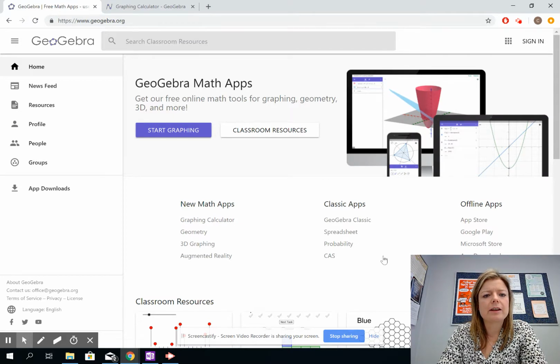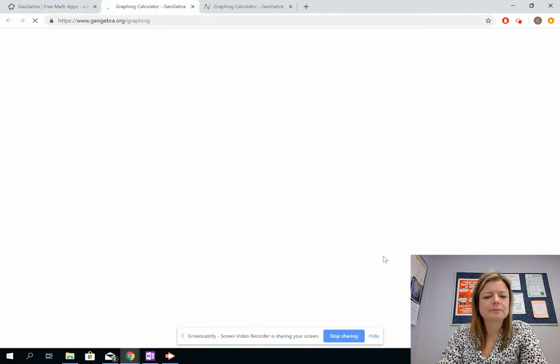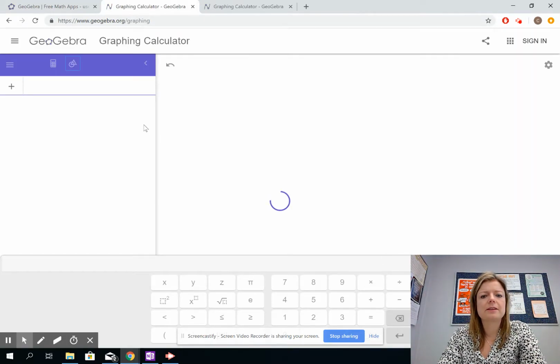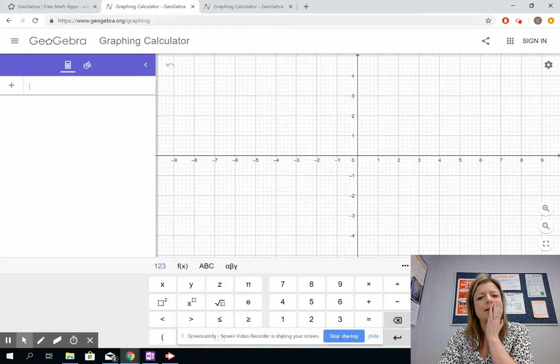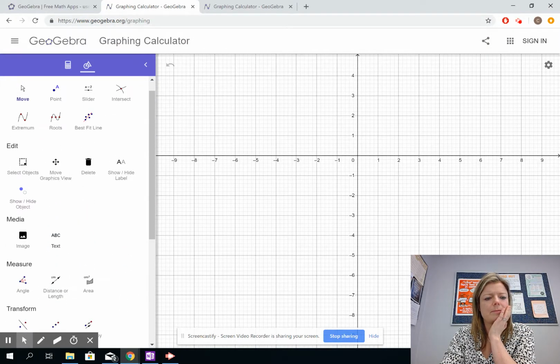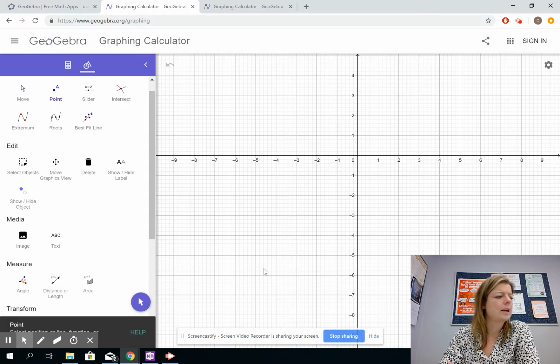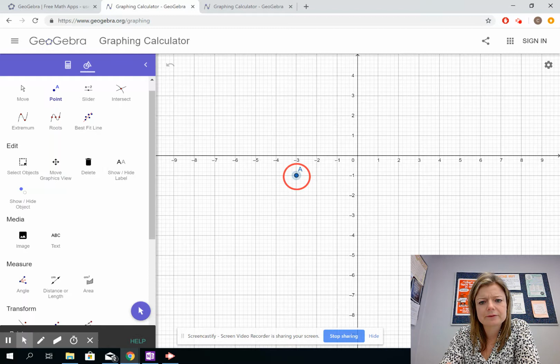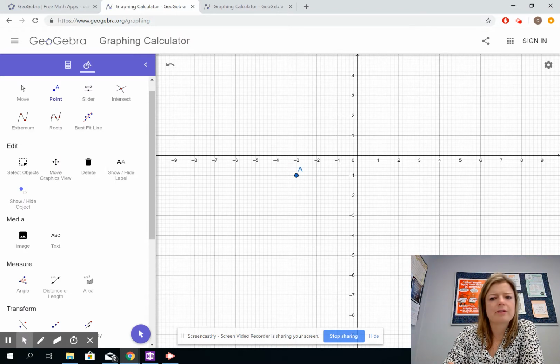So if I go back here, I can go to Start Graphing. And we can go again to this shape. So we want to go down and pick a point. So we can do (-3, -1), and then (3, 5).